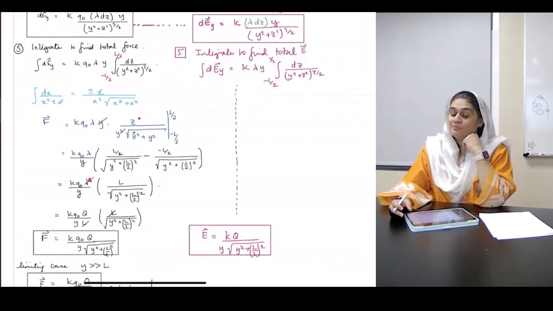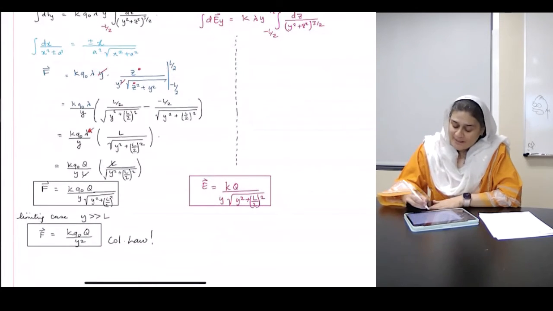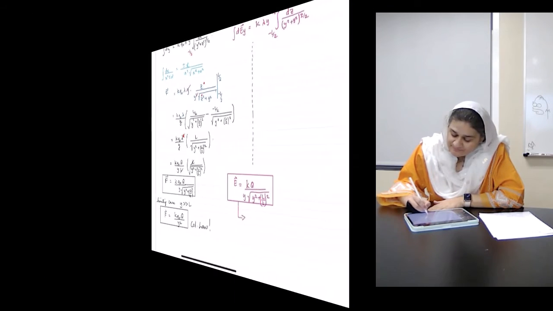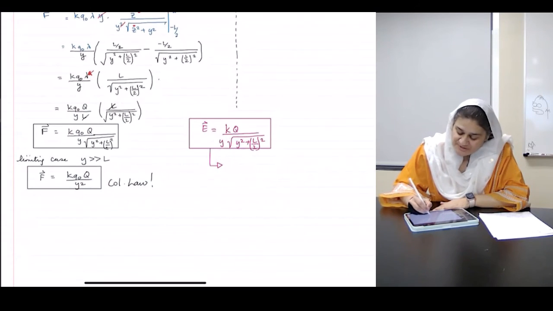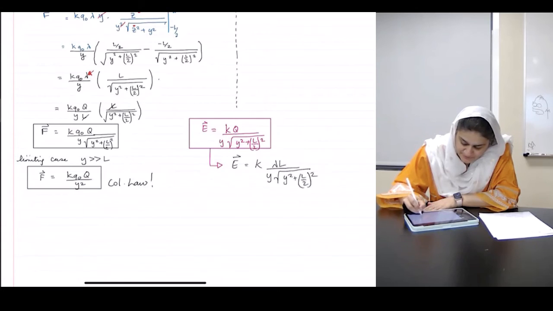Right? So most textbooks will actually write this for the specific case. Well, first let's write it like this. Ey equals k lambda L divided by y times the square root of y squared plus (L over 2) squared.